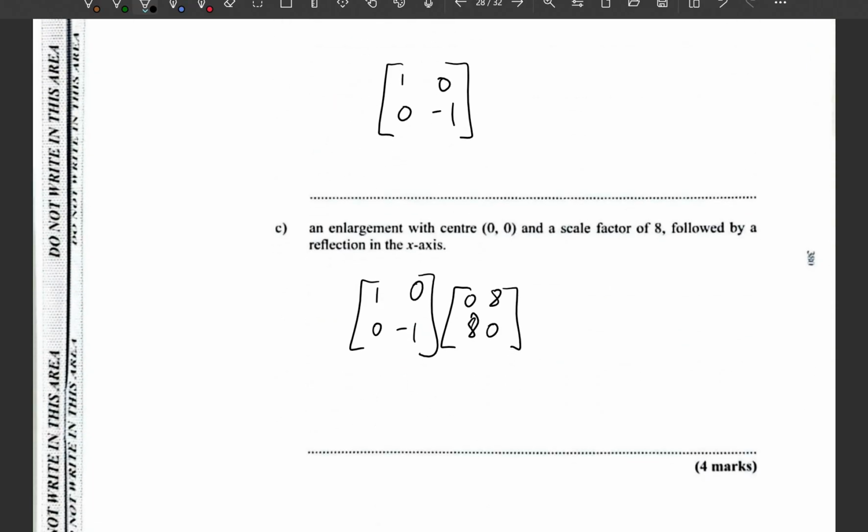Right, so let's find this matrix product. Row by column, 1 by 0 is 0, then 0 by 8 is also 0. Then 1 by 8 is 8 plus 0, that's 8. Then 0 by 0 is 0, minus 1 by 8 is minus 8. Then 0 by 8 is 0, minus 1 by 0 is also 0. So this would be the matrix which reflects that.